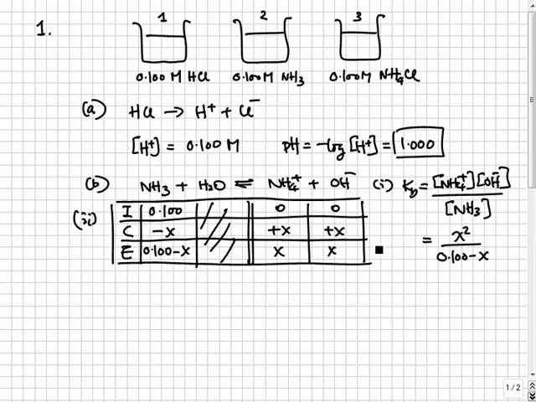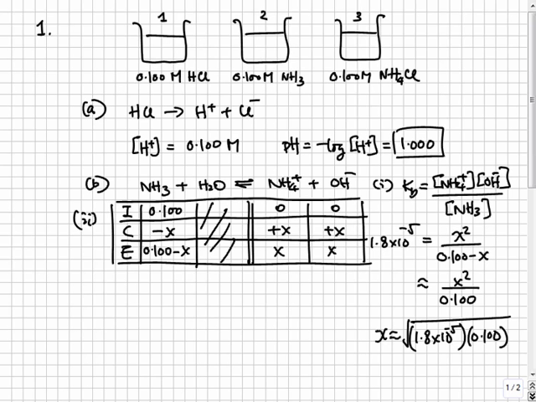We put the equilibrium concentrations from the last row of the ICE table back into Kb. We get x squared over 0.100 minus x. We know that this is a weak base, so the amount of change in the concentration for the NH3 is going to be small. So we assume that x is much smaller than 0.100, and the expression for Kb becomes approximately x squared divided by 0.100.